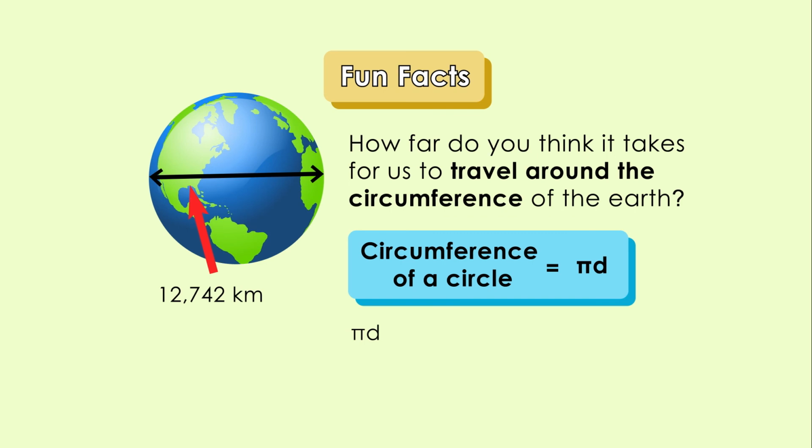Pi, which is 3.142, multiplied by 12,742 is equal to 40,035 kilometers, rounding it off to the nearest whole number. Wow, that's amazing, right? It is such a long distance to travel around the circumference of the Earth.